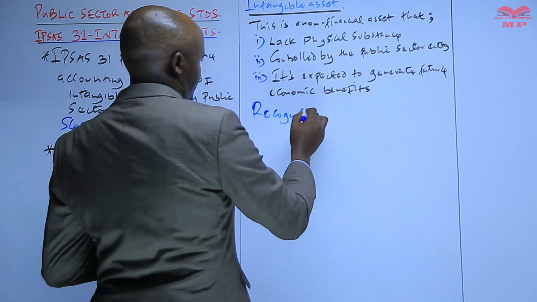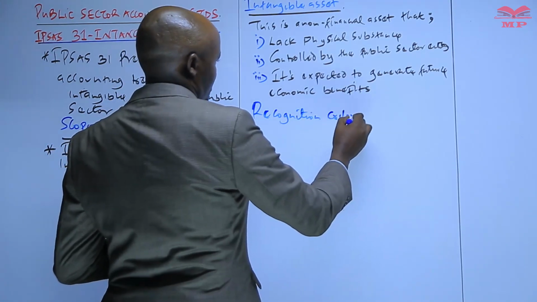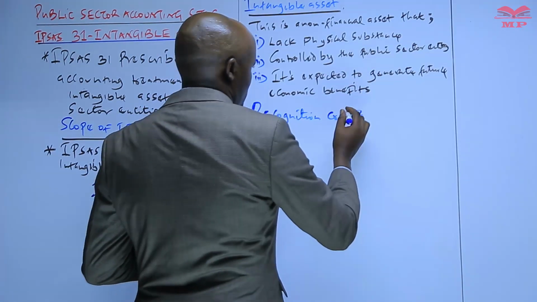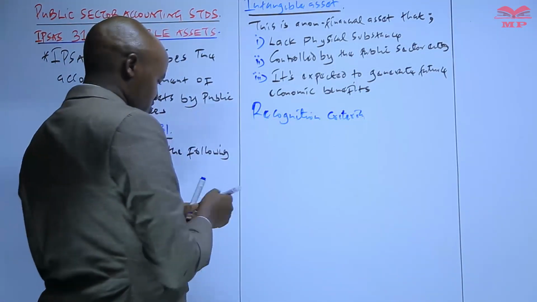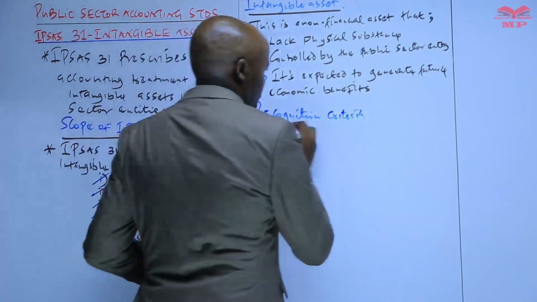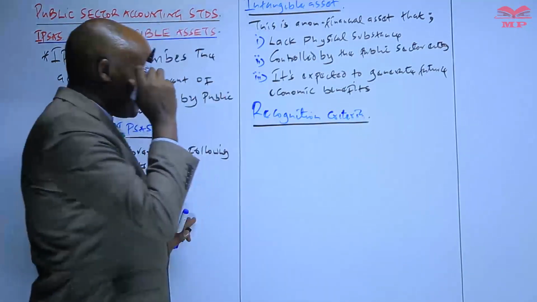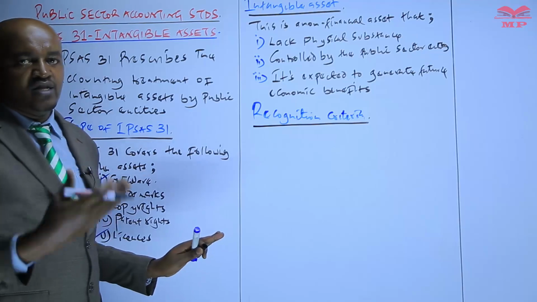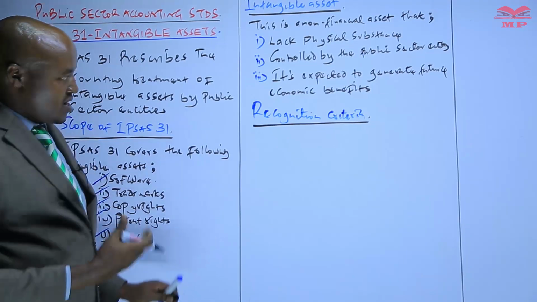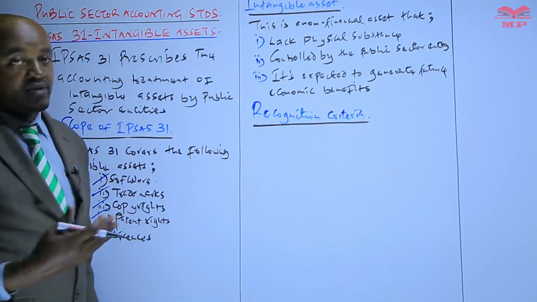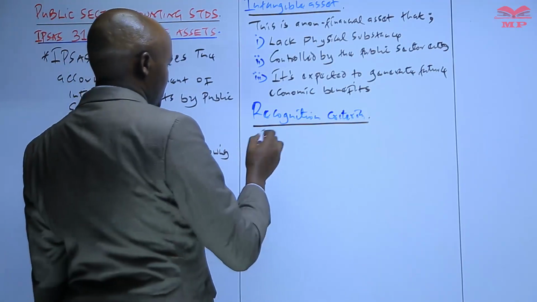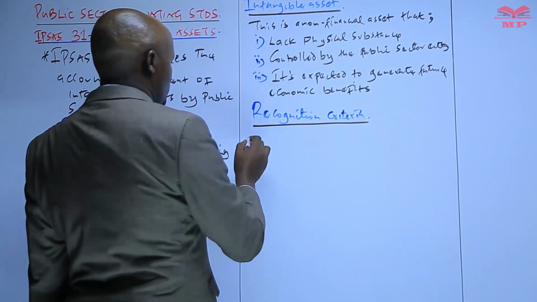Then from there we can also proceed and look at the recognition criteria. When we talk about the recognition criteria, here we are talking of the conditions which an intangible asset should meet for it to be recognized in the books of account and also in the statement of financial position of a public sector entity. Actually in this case we have two conditions.